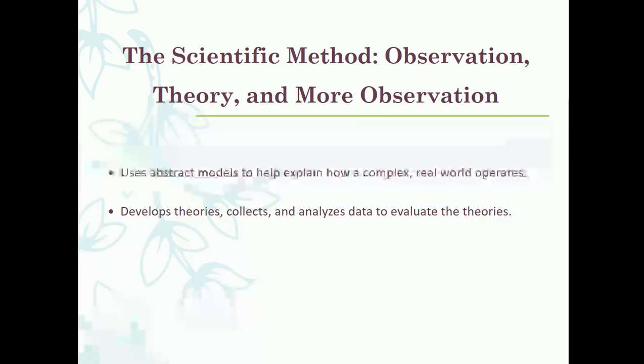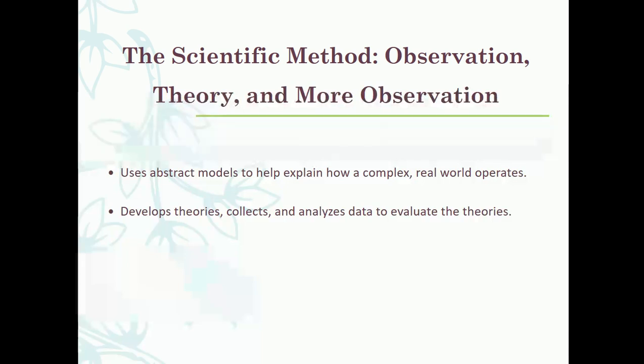In the scientific method, we start from the first step, that is observation, in which we observe the situation. Then we develop theories and then we collect the data, analyze that data and come up with the result in which we explain whether the theory which we developed is true or not.